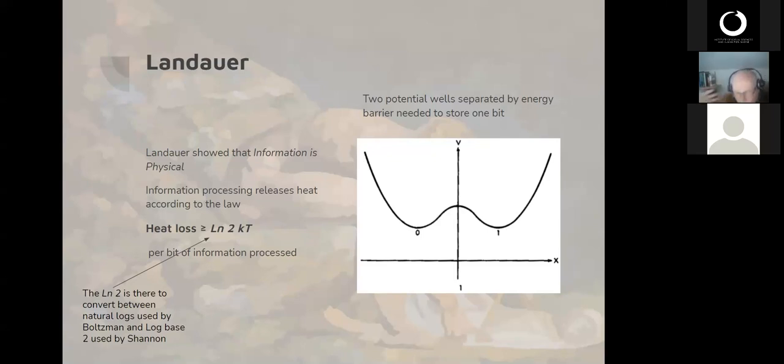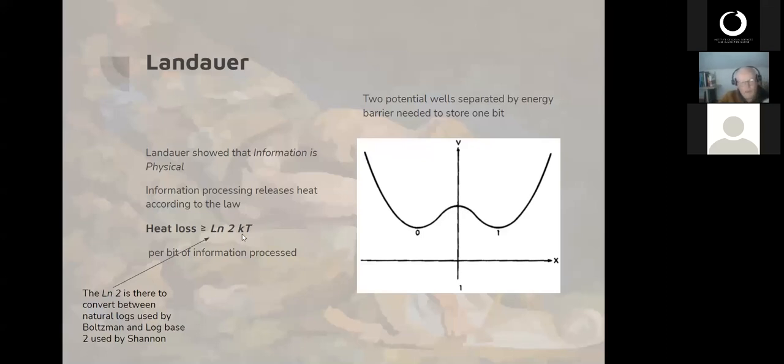And he's able to argue from this that any kind of information processing involves heat loss, because you need a certain energy to go over this barrier, and you need to put energy into the system to cause it to move from a 0 to a 1.